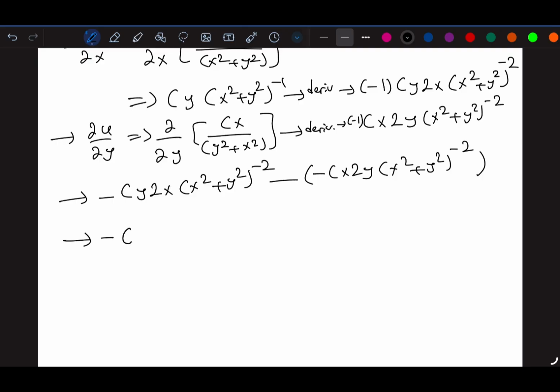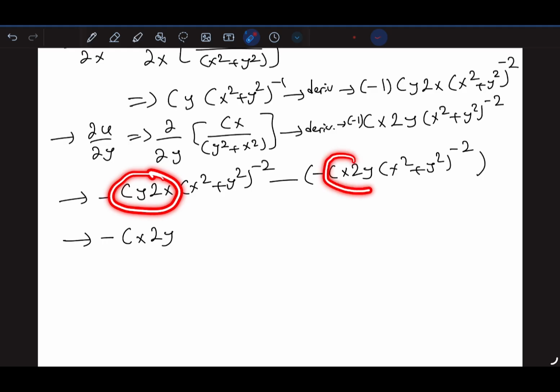So we can write c 2x y, also c x 2y. As you can see, basically they are the same as each other. We have c x 2y, we have c y 2x.